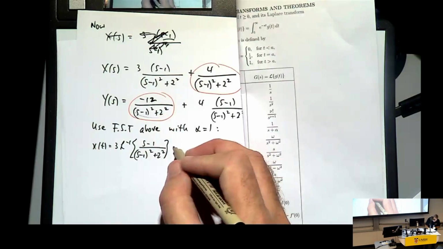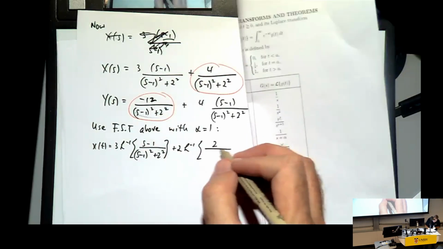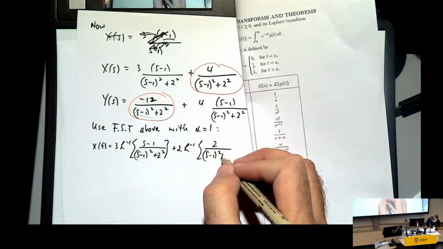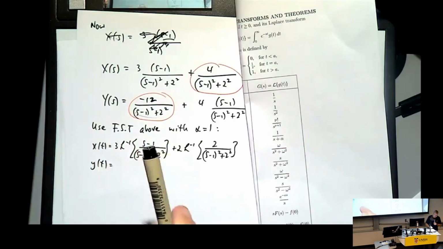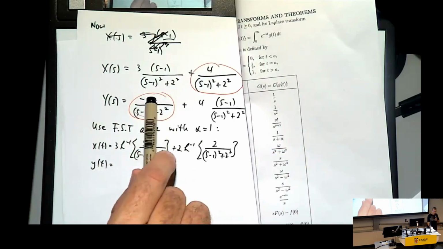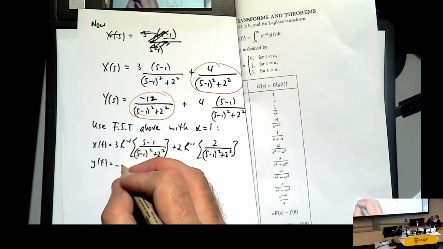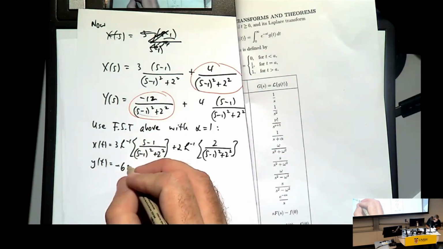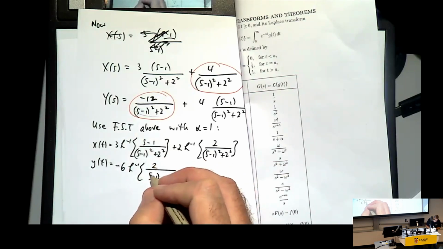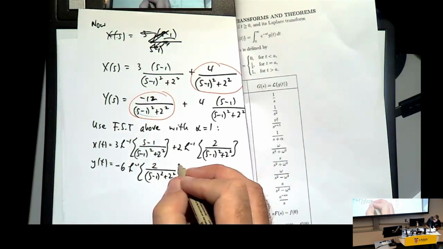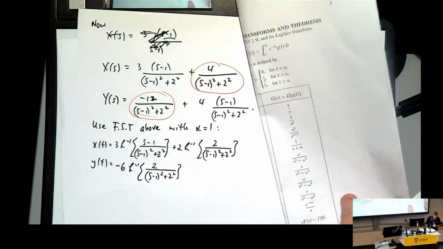So I'll bring a 2 out of that, just to make it nice and easy. With this one, I can take a -6 out of there. And over here, I've got the 4 out of there already.